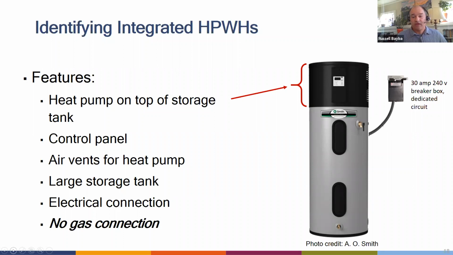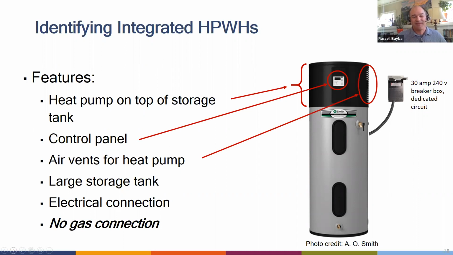You can't see it, but on the side, there's venting essentially, to allow air to be moved through this. And on the second one, there's a control panel, much like a tankless water heater. So that's where you can see what's going on with it. That's how you interact with it essentially.